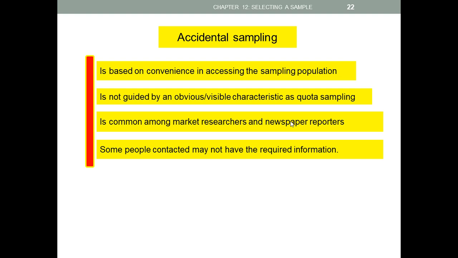So, for example, you want to find out why people drink coffee, how much they spend on average on coffee per day or per week. If you use accidental sampling, you're going to approach people even if they are not holding a cup of coffee in their hand.